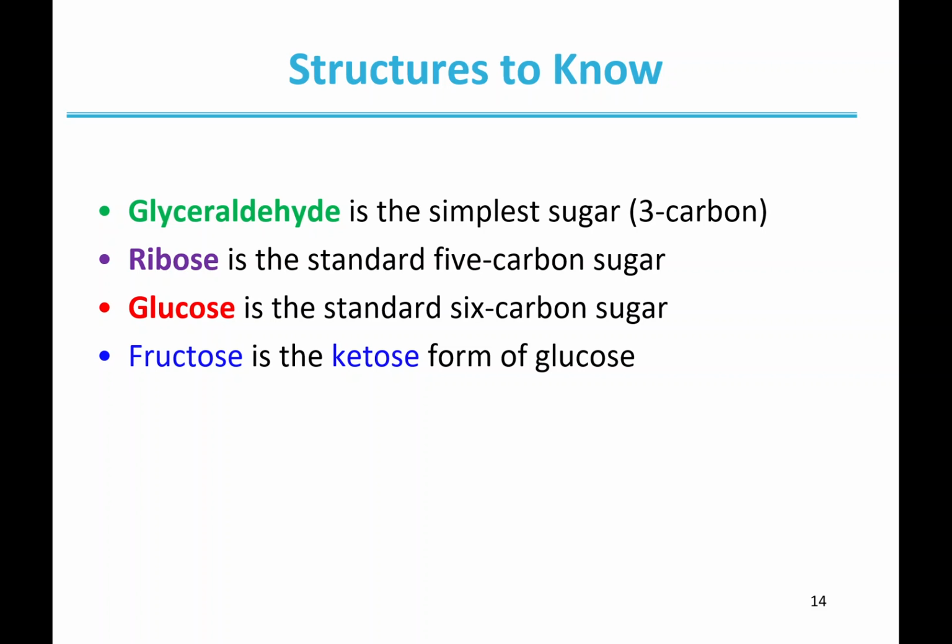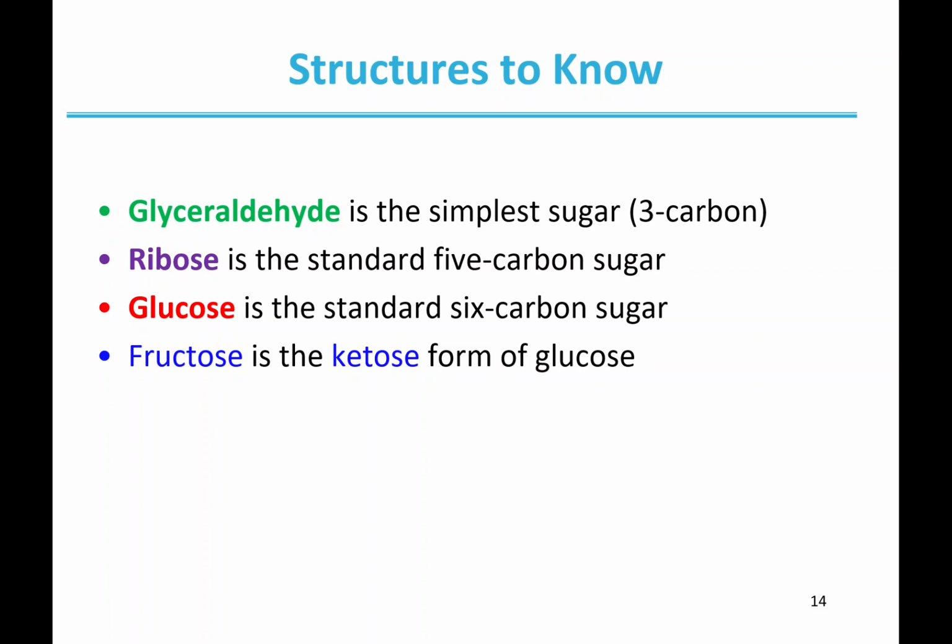That's because you see these a lot when you go on further in biochemistry, whether it's in metabolism, DNA, cofactors for certain enzymes, that sort of stuff. These are really important. Okay, so the first is glyceraldehyde.